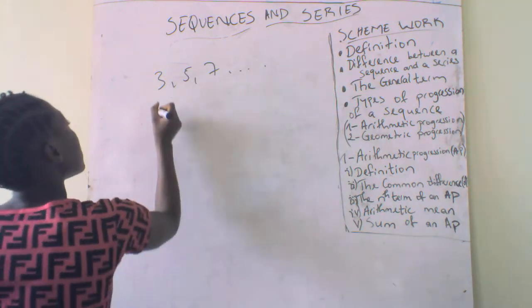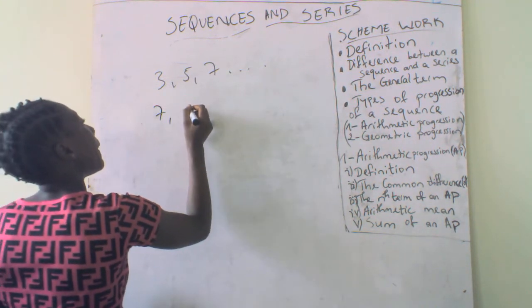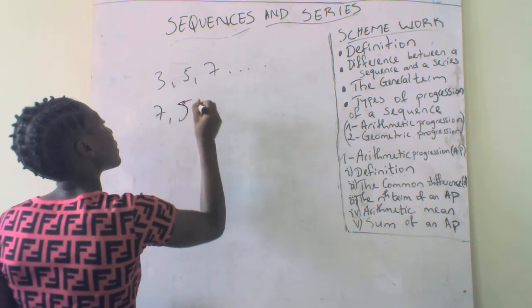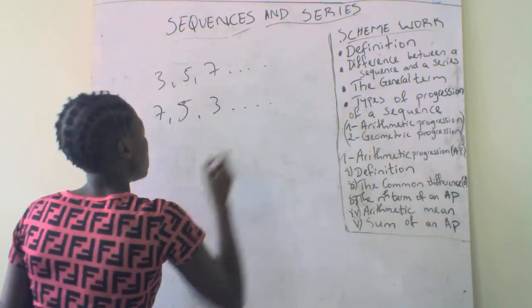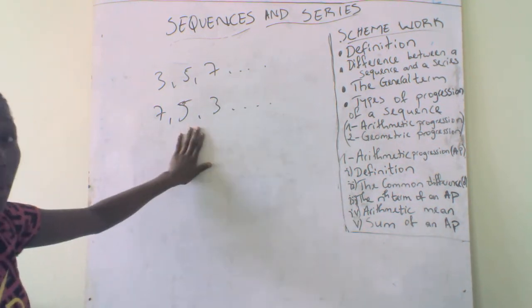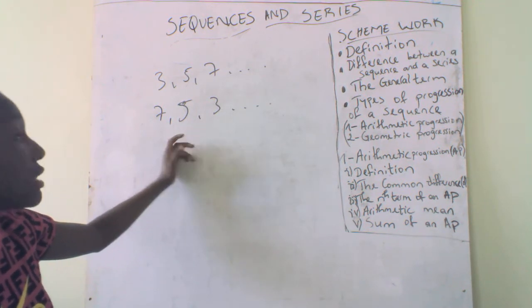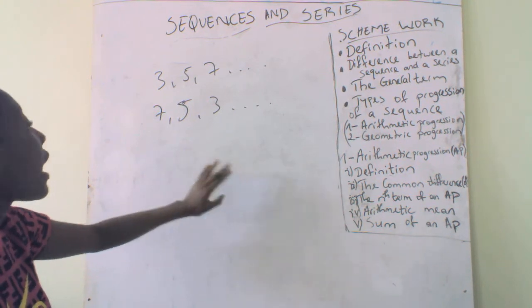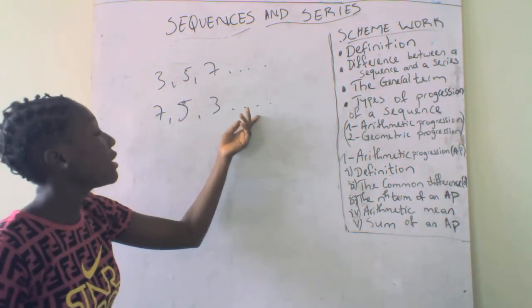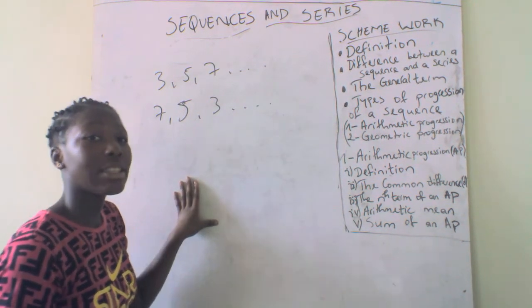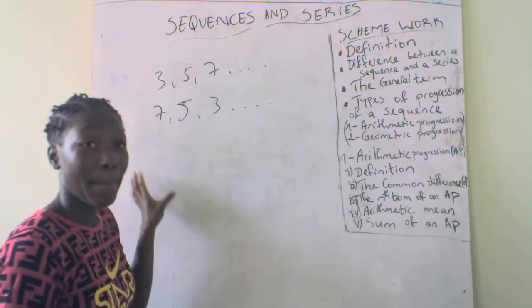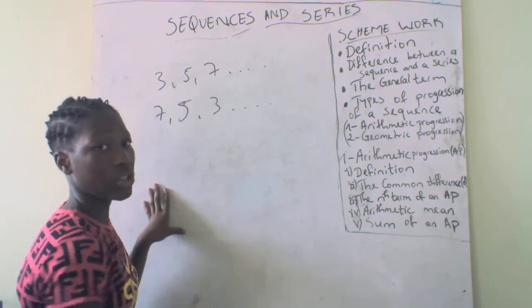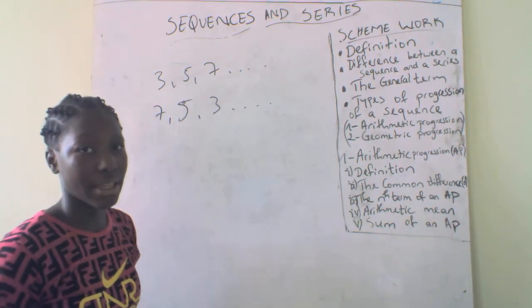You can also be given this arrangement of numbers, maybe. It can also be called a sequence because it is arranged orderly in descending order, and it has a rule for obtaining the next term, which is adding -2 to each term to get the next term.